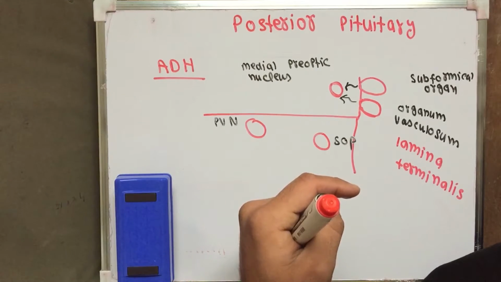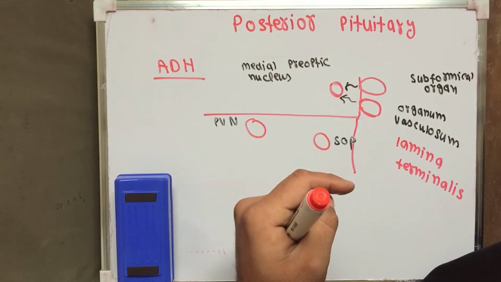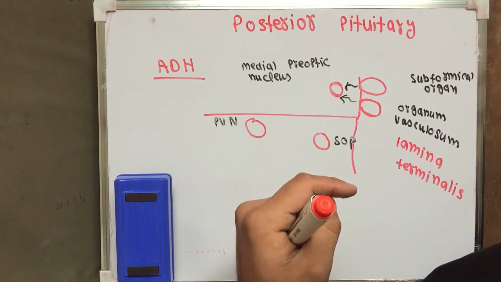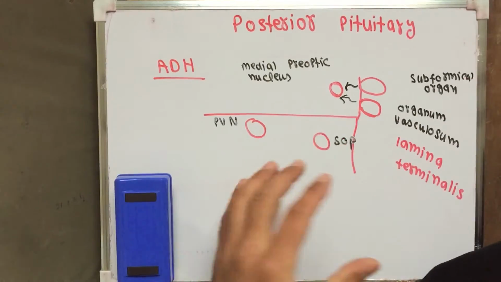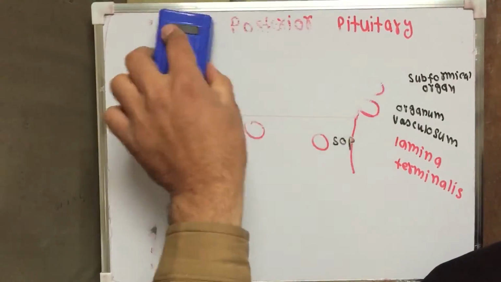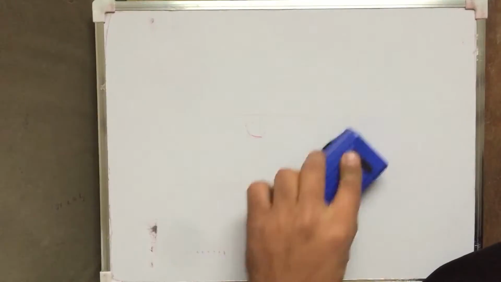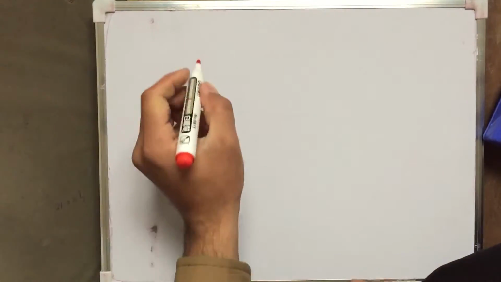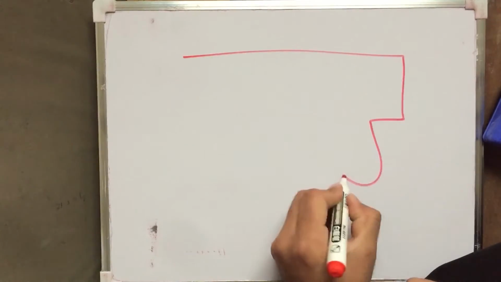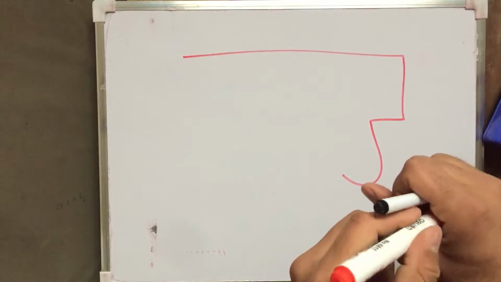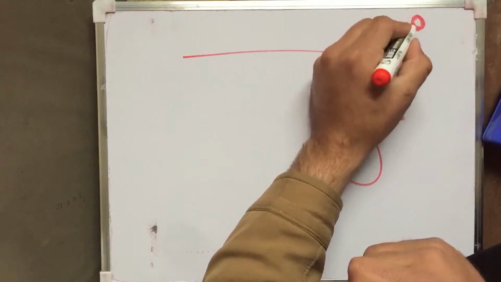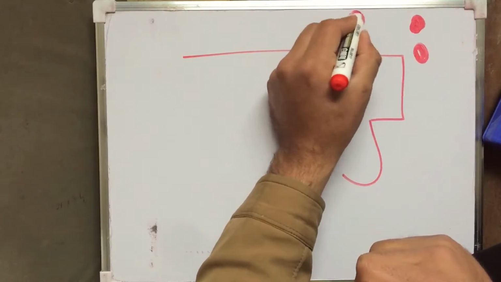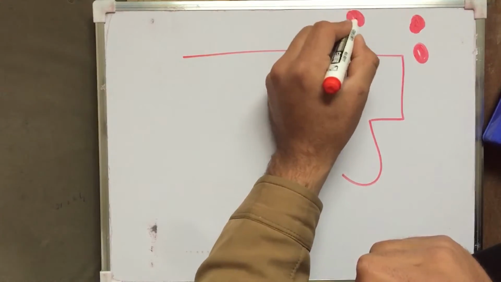Let's draw a diagram here to clarify how this occurs. So we will have a diagrammatical representation of these things. This is the hypothalamus. This is another diagram, and this is the medial preoptic nucleus.